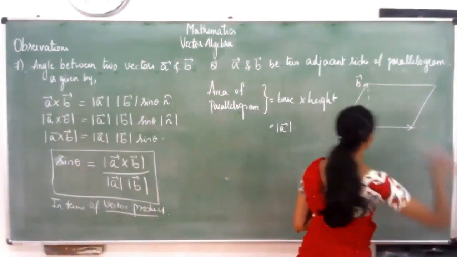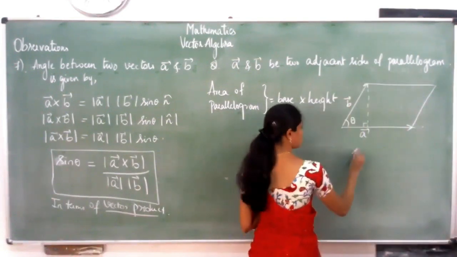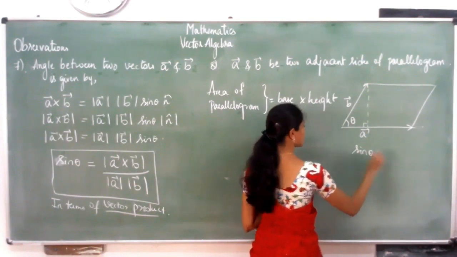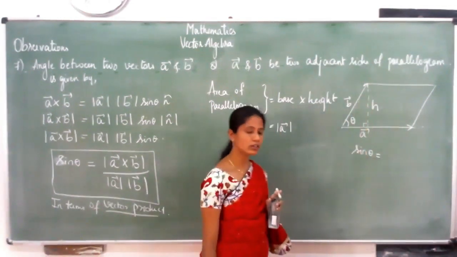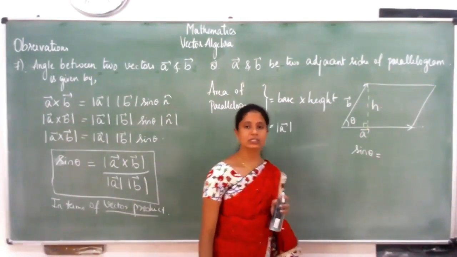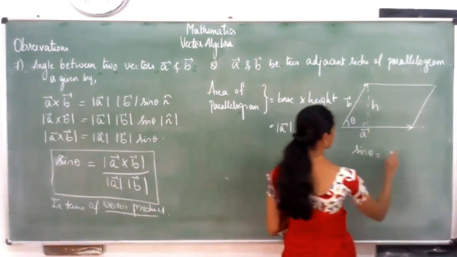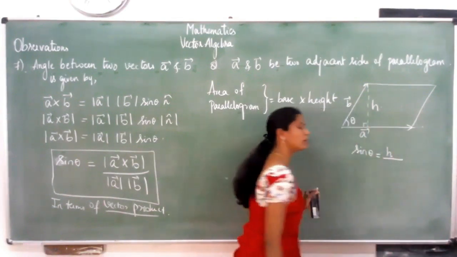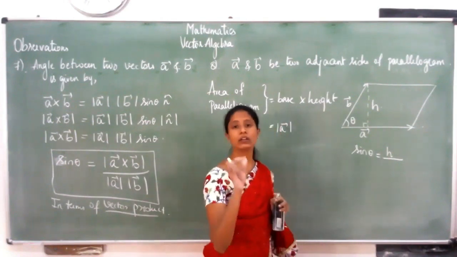Let us define sine theta according to that. This is the height of the parallelogram. Sine theta is given by opposite by hypotenuse. What is the opposite here? Height h. The hypotenuse is vector v.